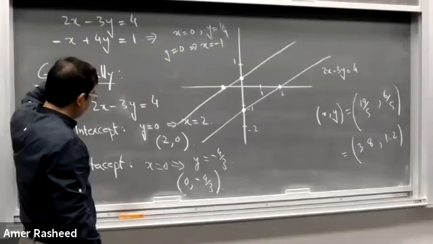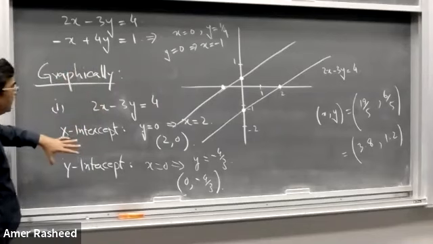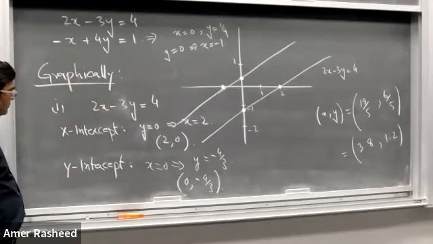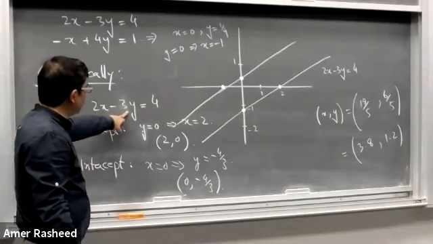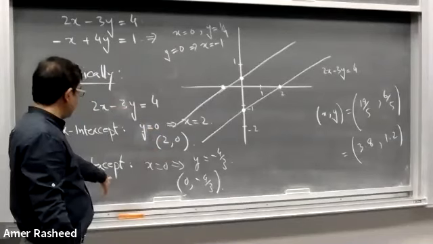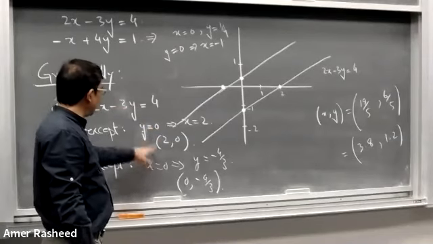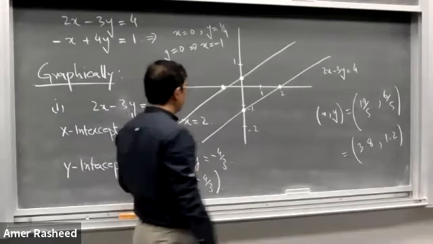Yes, I think here, did I make some mistake in finding the x-intercept and y-intercept? Can you see here? Putting y=0, the value of x will be 2, and putting x=0, the value of y is -4/3.